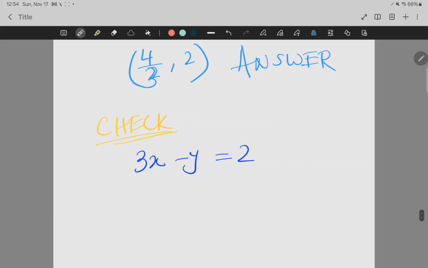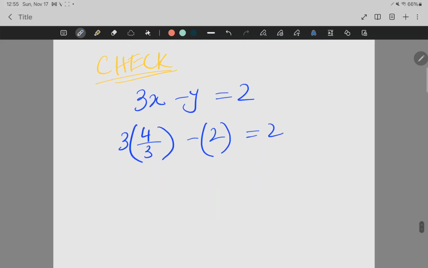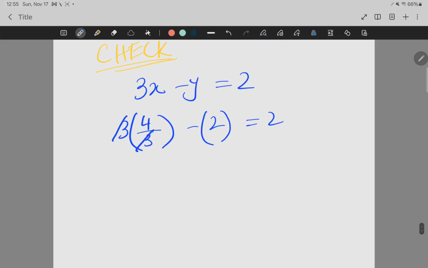And let's put these answers here in the equation. You got 4 by 3 for x, and for y, you got 2. 3 will cancel 3. That will leave you with 4 minus 2 equals 2. 4 minus 2 is 2, equals 2.